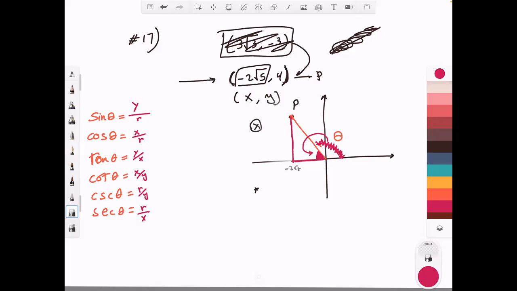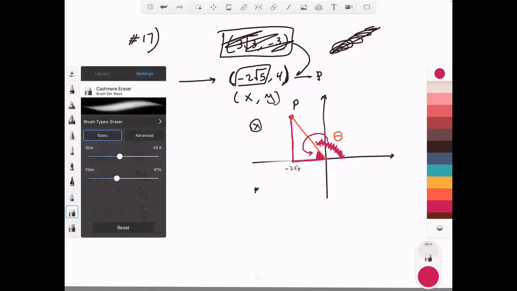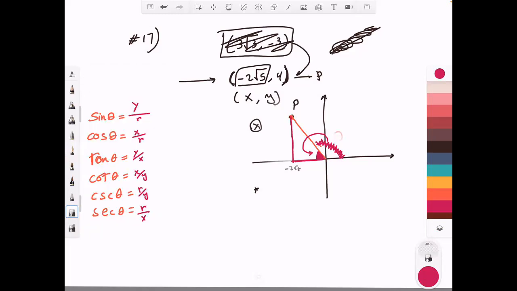We can just erase this theta and put theta here. Now life is much easier. y is 4. This x is negative 2 root 5.